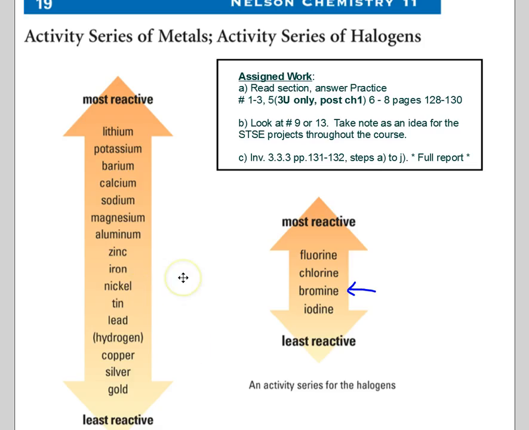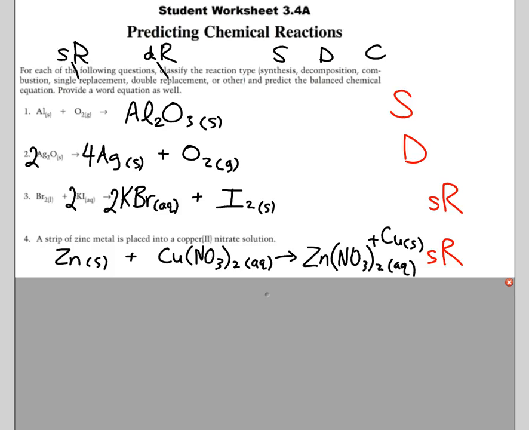The location of zinc relative to copper, it's higher by quite a few elements, so it will kick out or displace copper. From this reaction, the nitrate is highly soluble in the presence of copper, so looking at our solubility rules, we can predict that that would be aqueous. We're told it's a solution, so we can also confirm that with the solubility chart.